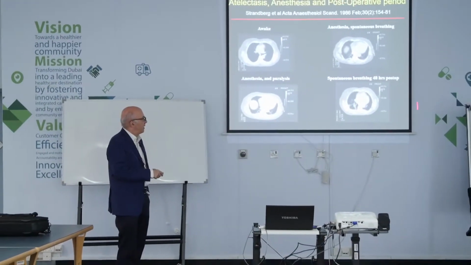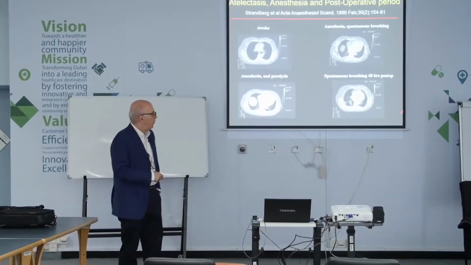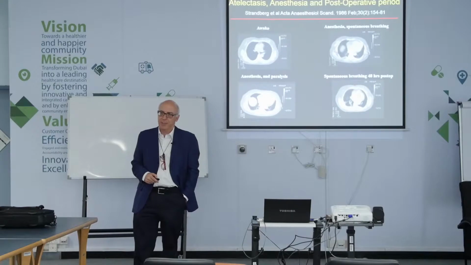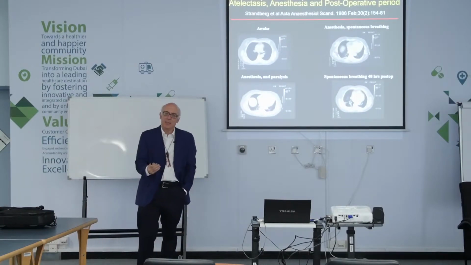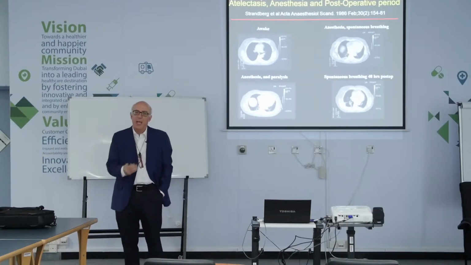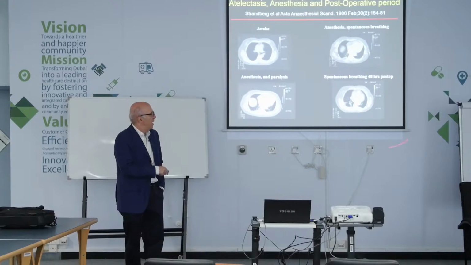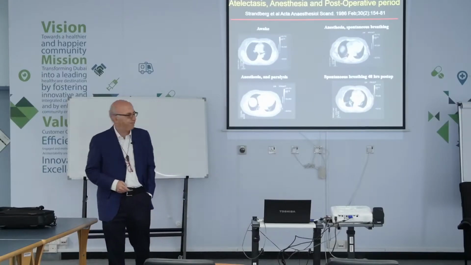And most importantly, the atelectasis are maintained up to 48 to 72 hours. So the message here: anesthesia induces a reduction in lung volume and atelectasis formation, and this is maintained for 48 or 72 hours after surgery.